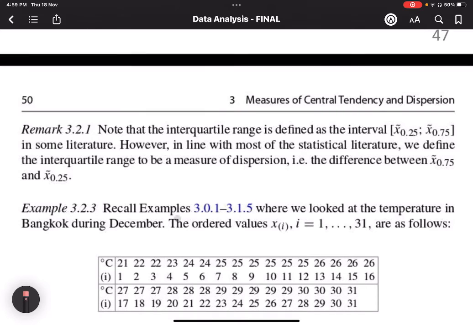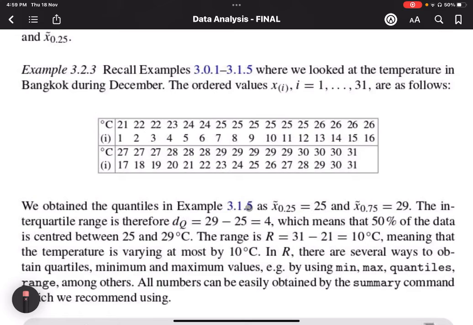We'll go now with the example. So using the 25th quartile, it will give us 25. And for the 75th, ito yung kanina example natin, no? 29. The interquartile range is therefore 29 minus 25 equals 4, which means that 50% of the data is centered between 25 and 29.